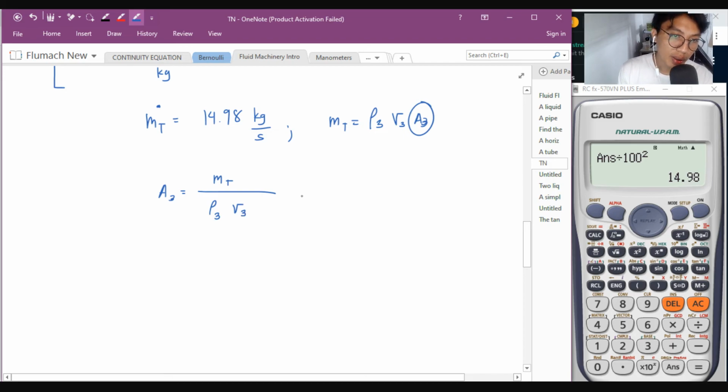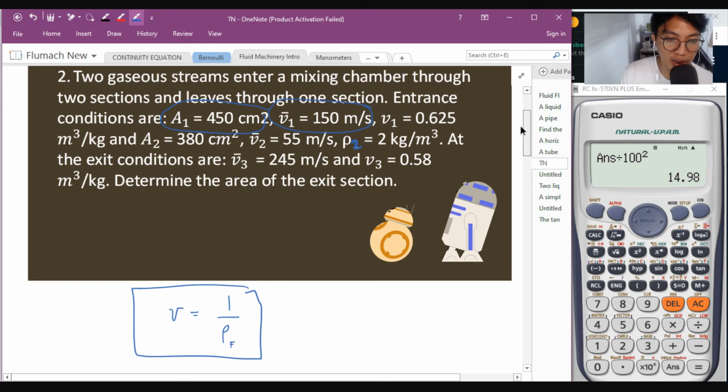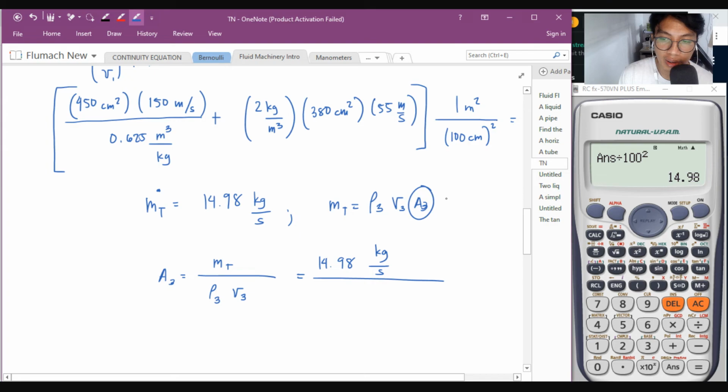Yan. So, 14.98 kilogram in every second divided by density yung binigay dyan sa 3, that is hindi siya binigyan ng density. So, reciprocal ng density, okay? Equal pa rin yan. O, di V3A3 divided by specific volume 3. So, nasa taas yung specific volume mo.